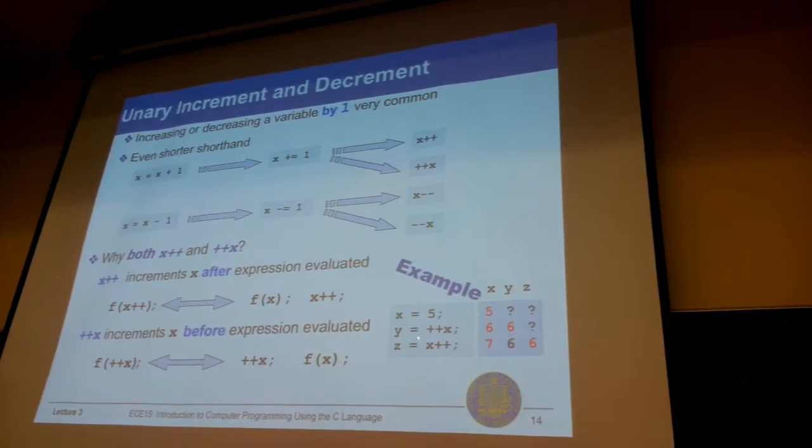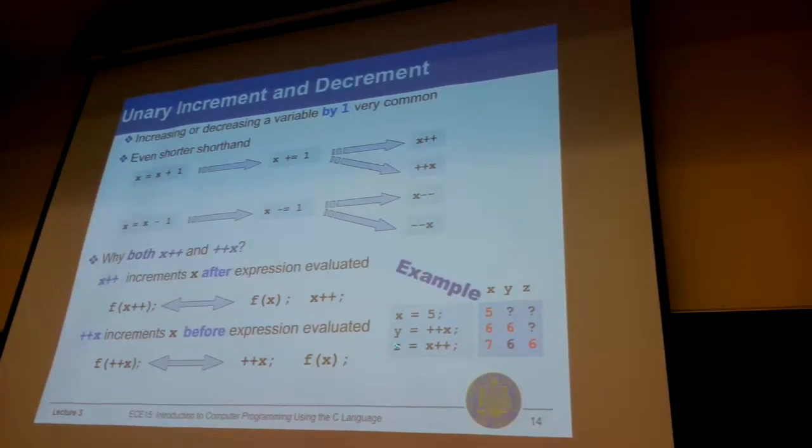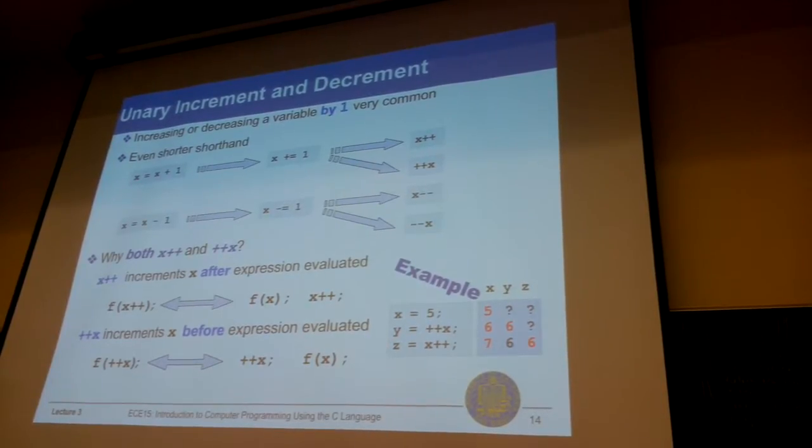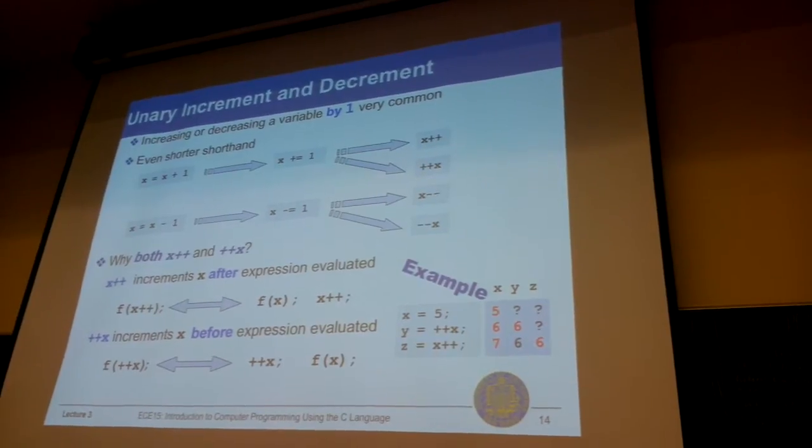Since when we started this line of code, x was set to 6, we do the assignment, so z equals 6, then increment x. We'll see a few more examples of this later in the lecture. And if you're still confused, talk to me afterwards.